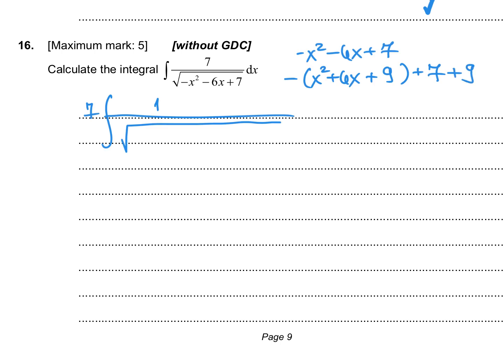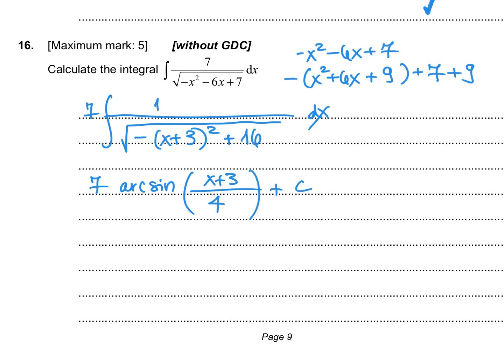So this is going to be negative x plus 3 squared plus 16, and that is going to be 7 arc sine the x term, which is x plus 3, over a, which is 4, and then plus c.